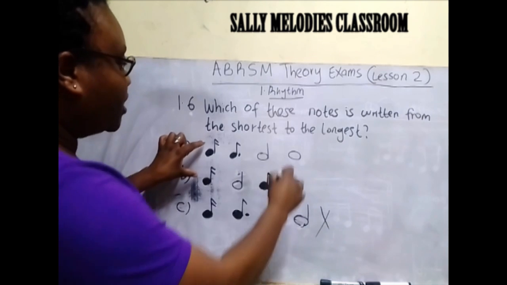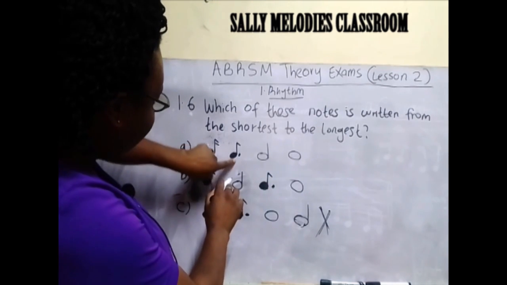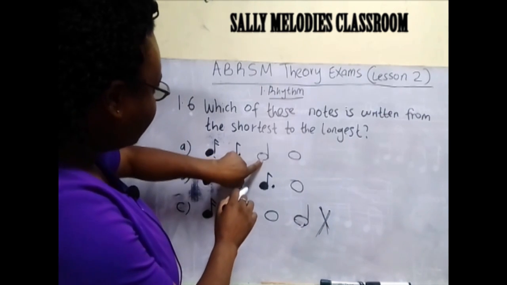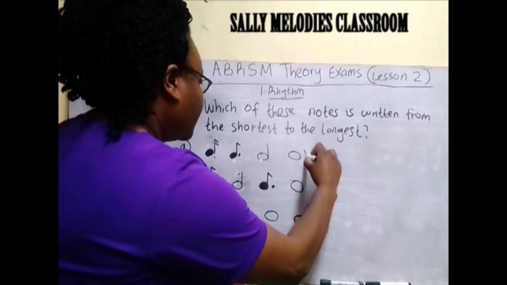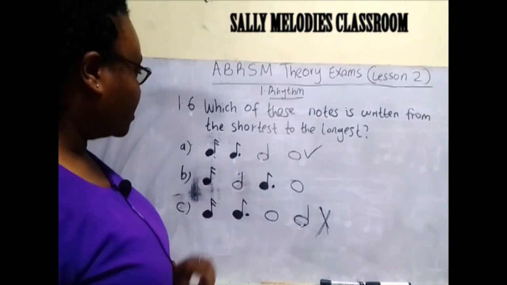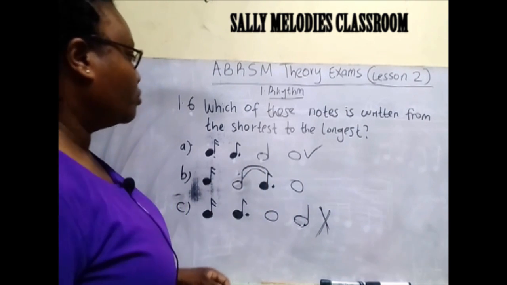So you work between these two. This is the smallest, followed by this, a dotted quaver, followed by the minim, and then followed by the semibreve. And then you click that one. It can't be this, because this one is supposed to be here and this one is supposed to be here.